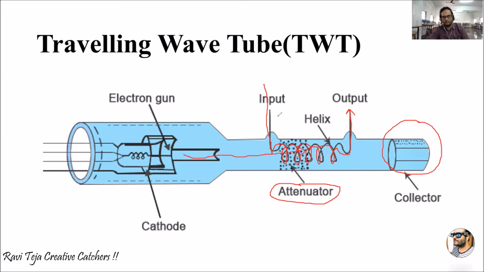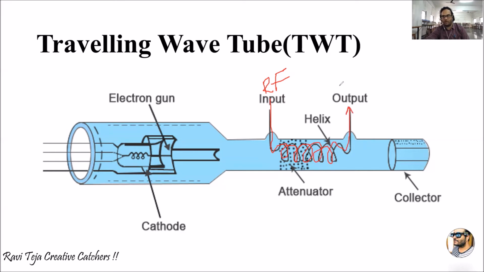Now, whenever supply is given, the cathode using the electron gun generates electrons, and these electrons travel through the helical structure and are collected at the collector. That is the first step. Whenever an RF signal is given through the input, it also travels through the helical structure and comes through the output.